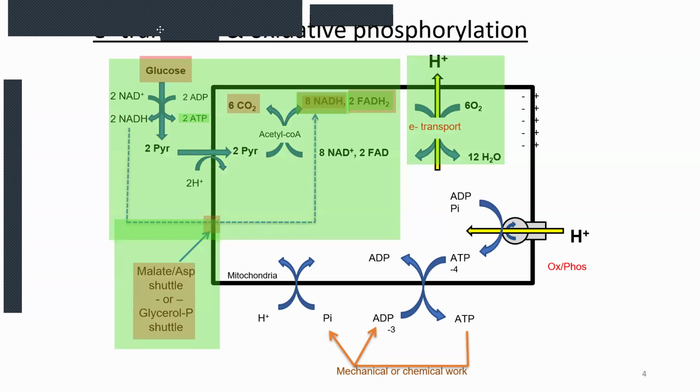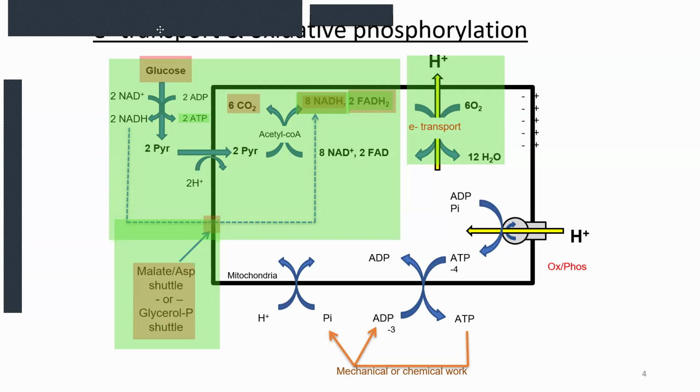From 2 pyruvate, you're going to get 6 NADH and 2 FADH2. So that's what you're going to get all together from the complete oxidation of glucose.